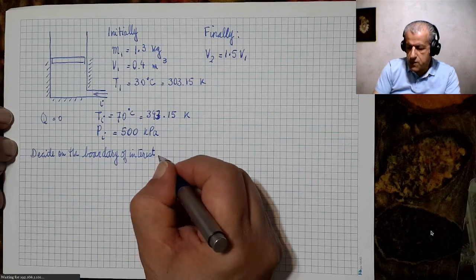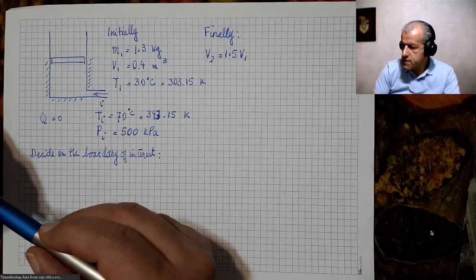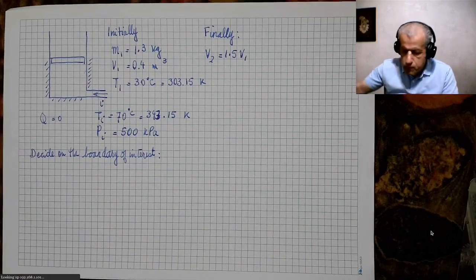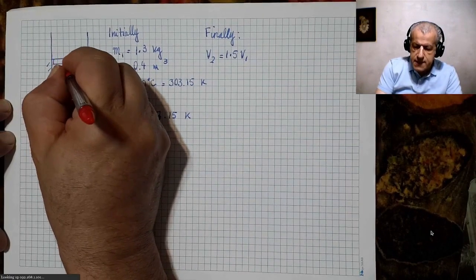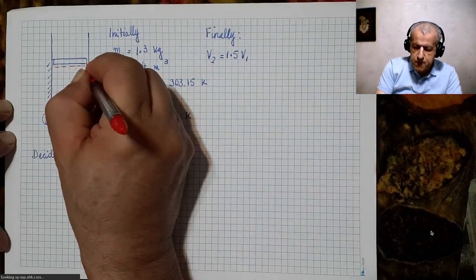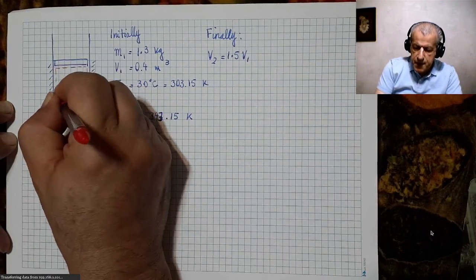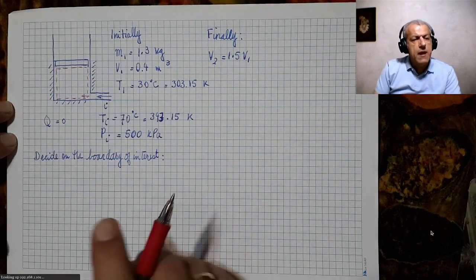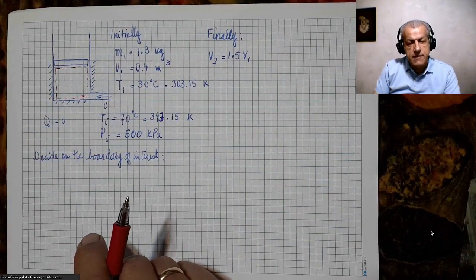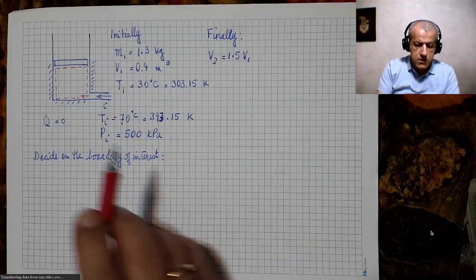What are we interested to solve? The boundary of interest is just inside this cylinder, where there is one entry point and there is no exit point.